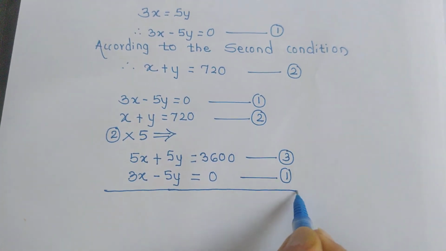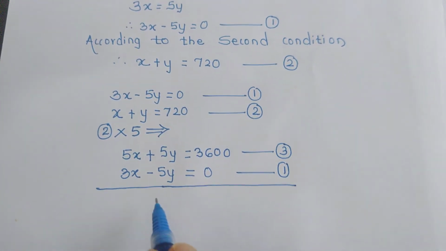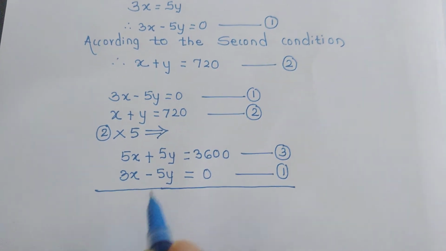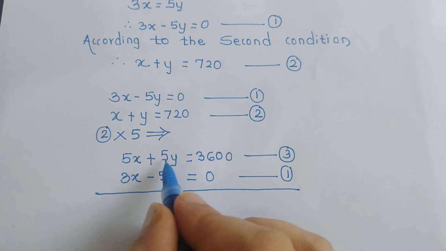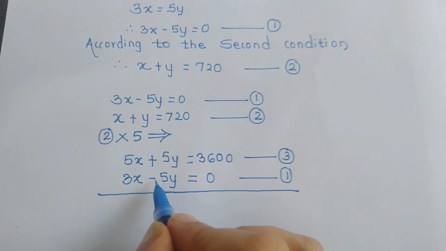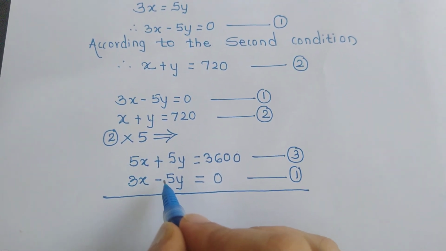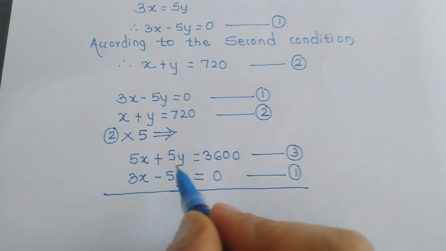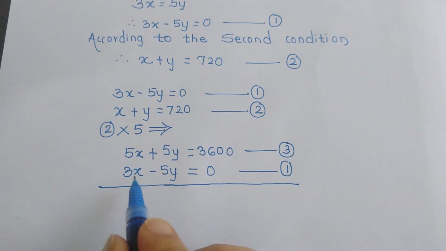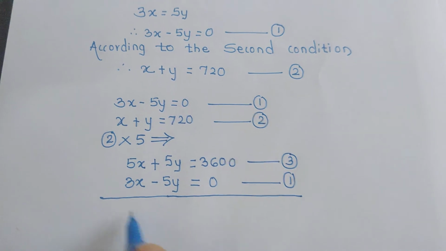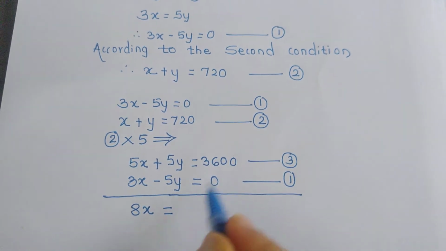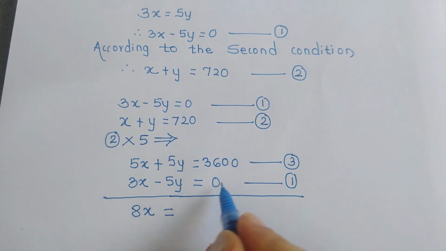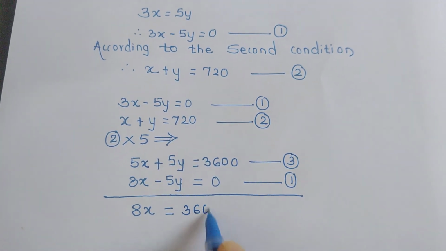In the second step, we analyze the signs of the variable whose coefficients are the same. Coefficients of variable y are the same and the variables have opposite signs. When variables have opposite signs, we perform addition. So let us add equation 3 and 1. 5 plus 3 gives you 8. Plus 5y and minus 5y get cancelled. 3600 plus 0 is 3600.